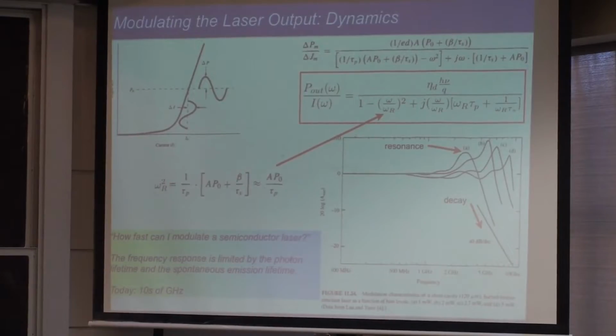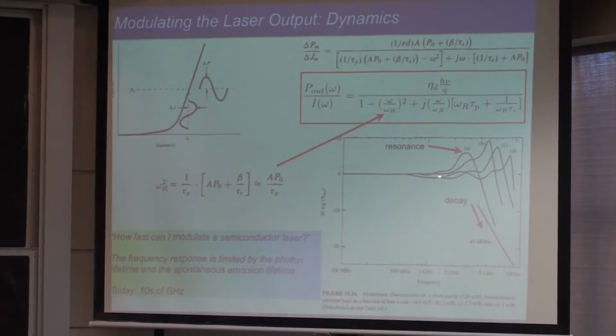The output power really follows the input current, but above that you have a resonance at a certain frequency, and then you have a decay, and if you try to do it too fast, the output power doesn't follow the input current. So that's a theoretical model, this particularly is a phenomenological model.